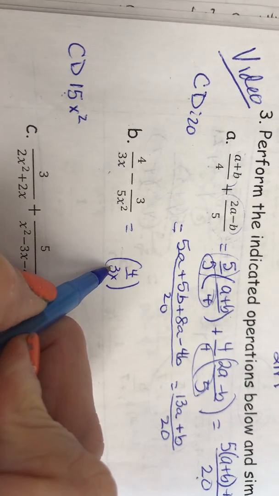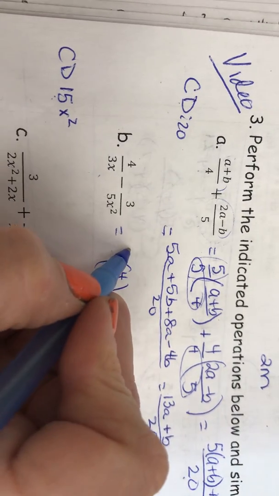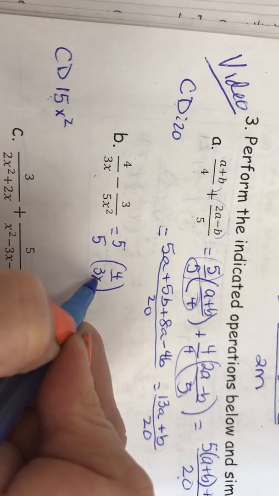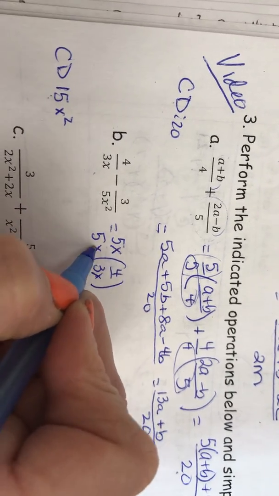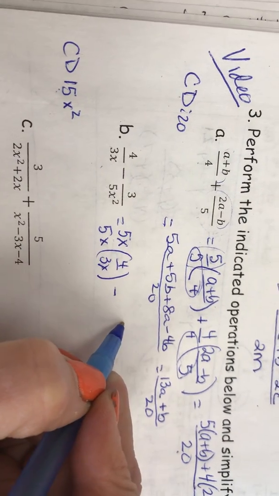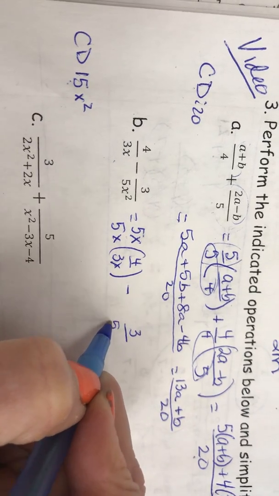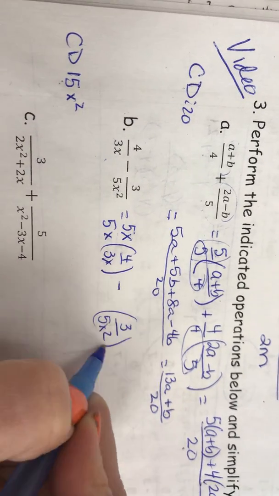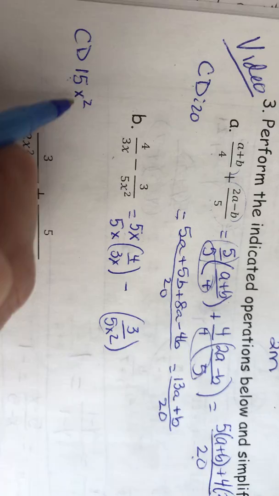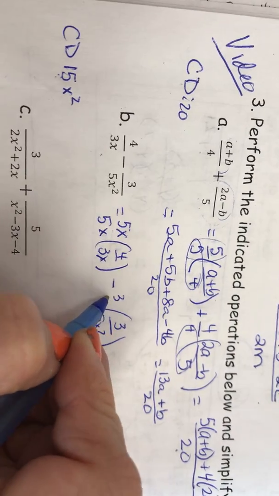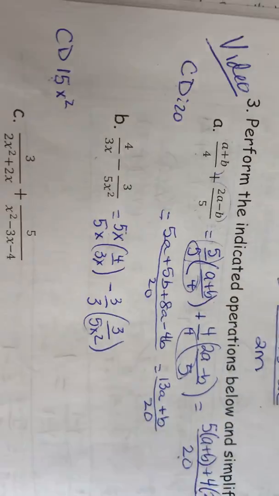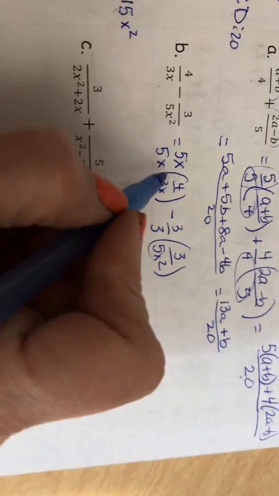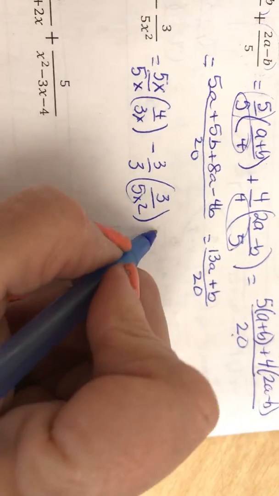To get this to become 15, I need a 5. To get this to become x squared, I need an x. The 3 over 5x squared is missing a 3 to get it to become 15, and it already has the x squared. So I do not need anything else.